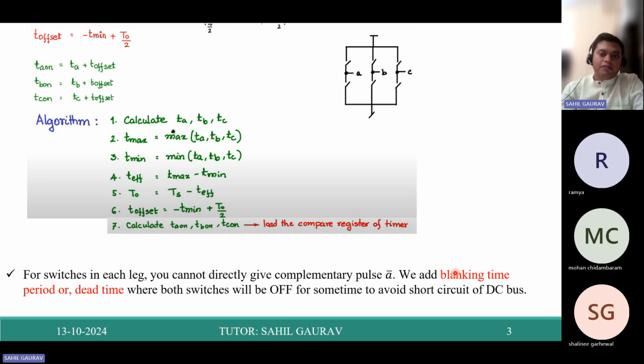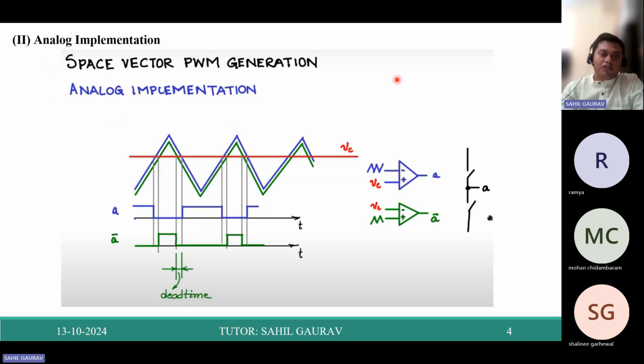One thing we have to keep in mind is that for the switches in each leg, you cannot directly give complementary pulses. We have to add blanking time, or dead time, so that both switches are off for some time to avoid short circuit of the DC bus. Now for analog implementation, sir has shown this dead time effect, meaning how you can implement the dead time between the switching of the switches in each leg.